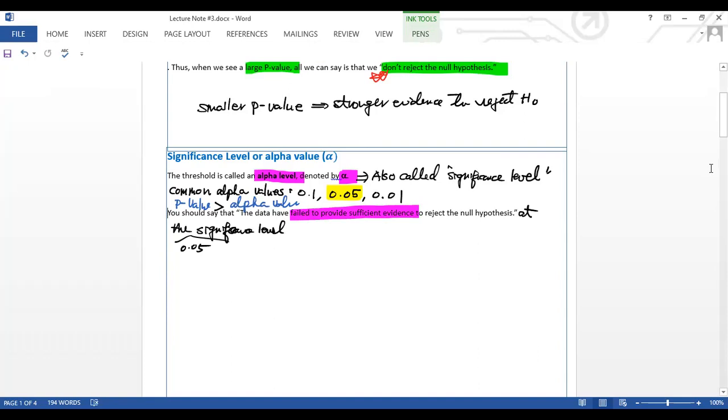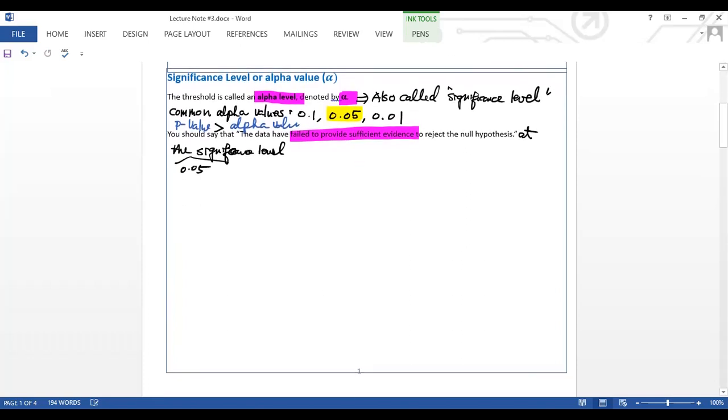So what are the good and the bad about the significance level and the alpha level? Different people can choose different alpha values. Some people choose 0.1, some choose 0.05, and some choose 0.01.